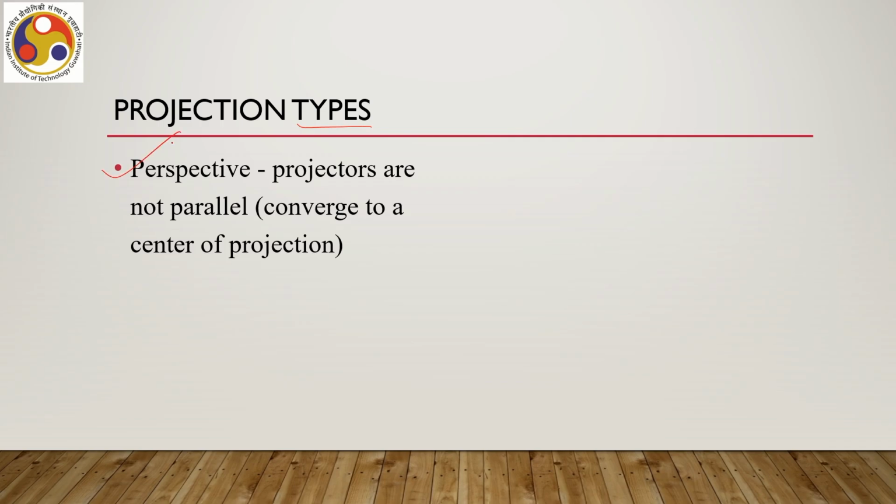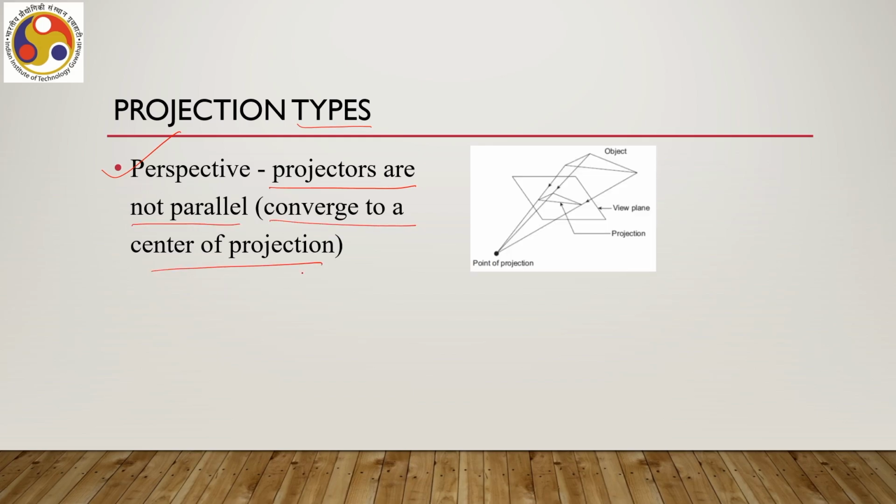So, one type is the perspective projection. Here the projectors, that are lines emanating from the object in the 3D view coordinate system and intersecting the view plane, are not parallel to each other; they tend to converge to a center of projection, something like this. So, this is the object, suppose.